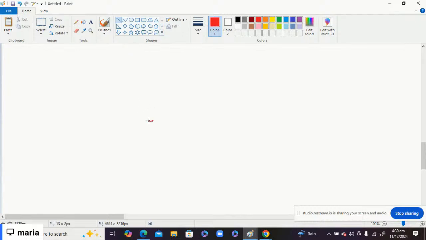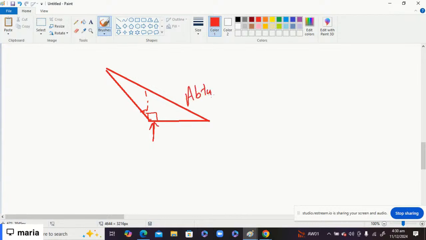Like for example, this one. So the 90-degree angle is involved in this way, a straight line, but this one is greater than the straight line. So we can say that this is called an obtuse triangle.